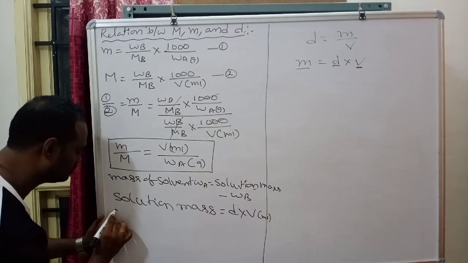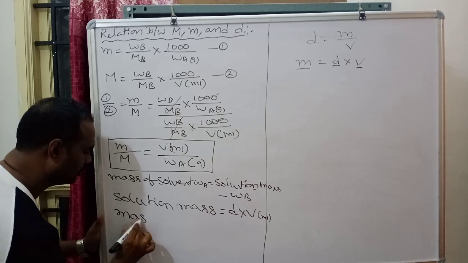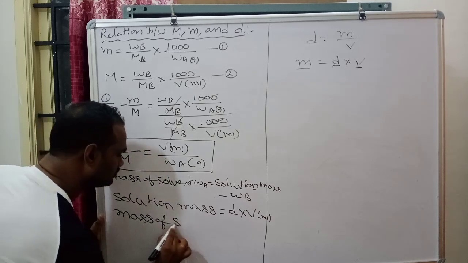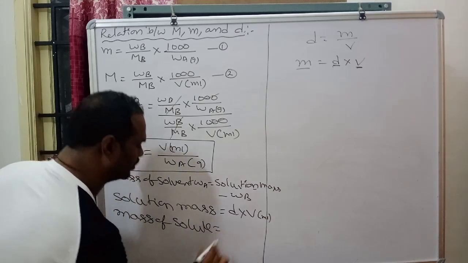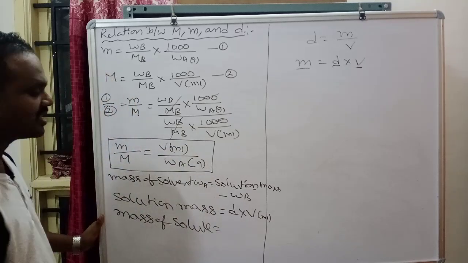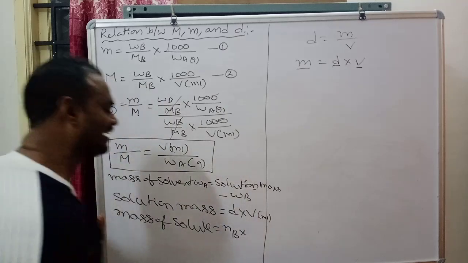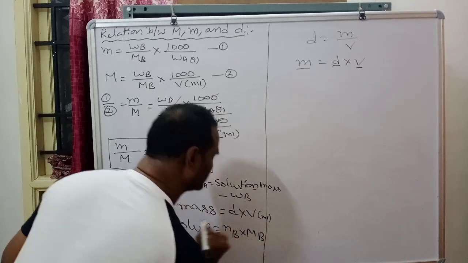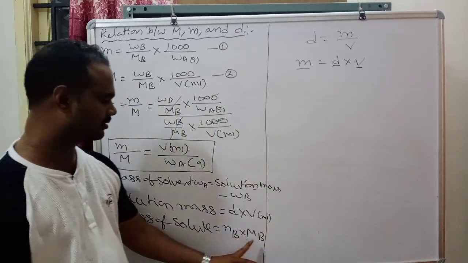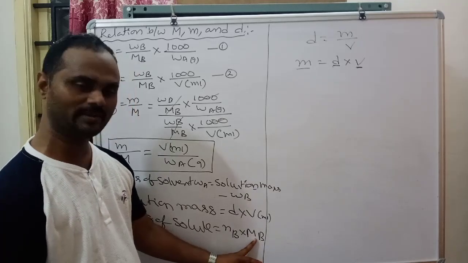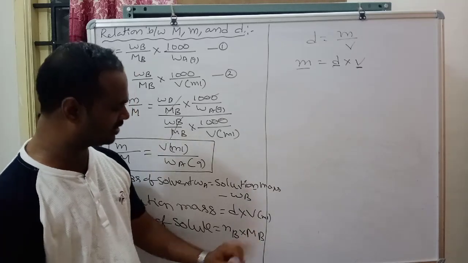Now the mass of solute means the number of moles of solute into its molar mass, NB into MB.